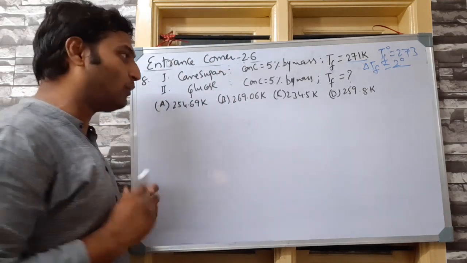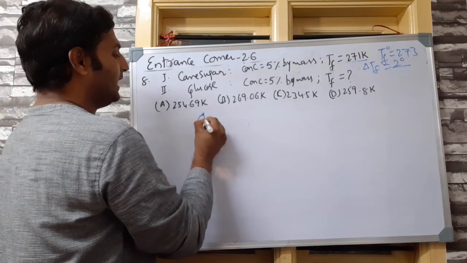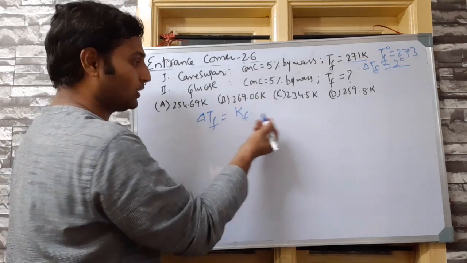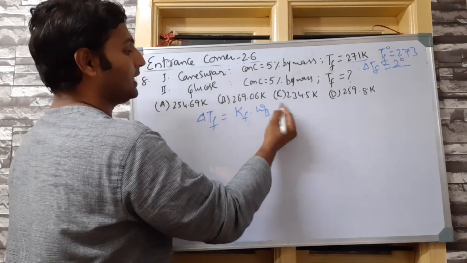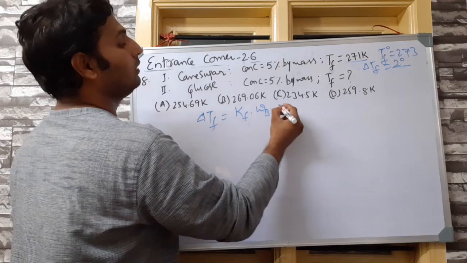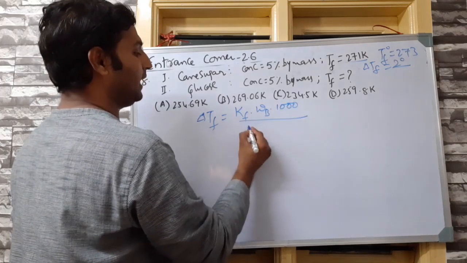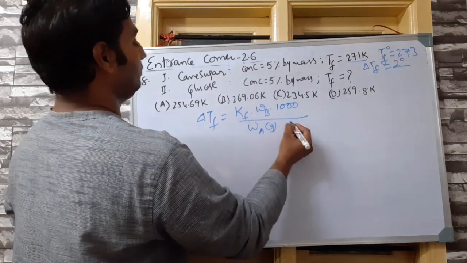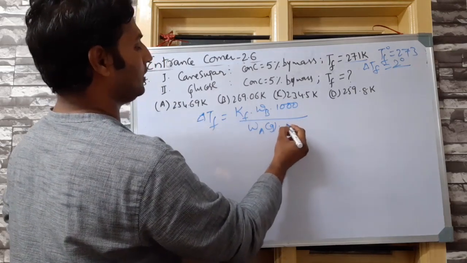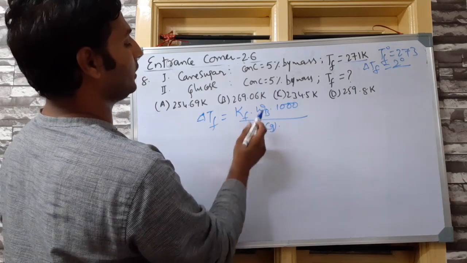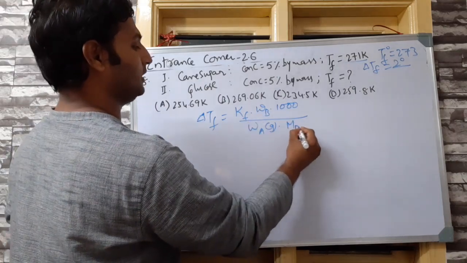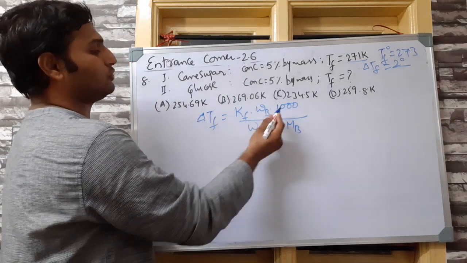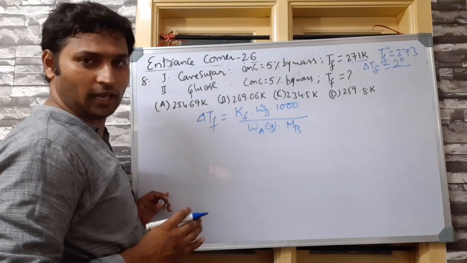Correct? Now you know delta TF is equal to KF into molality. I am substituting required values of molality: WB into 1000 divided by weight of solvent in grams into molecular weight of the solute. So I have got Kf into weight of solute into 1000 by weight of solvent into its molar mass.